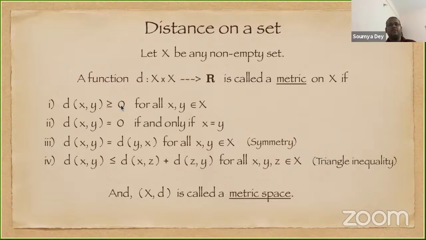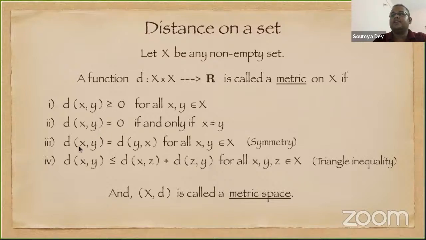It can be 0 or positive. The second condition says that d of xy equal to 0 is only possible if x and y are the same point. If x and y are not equal, then it is always greater than 0.